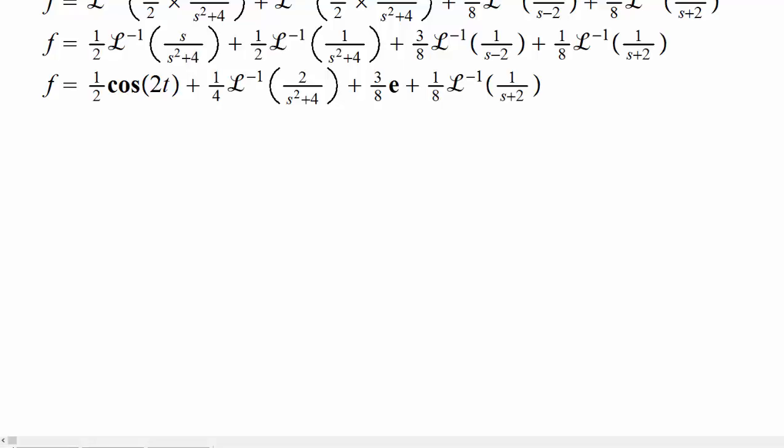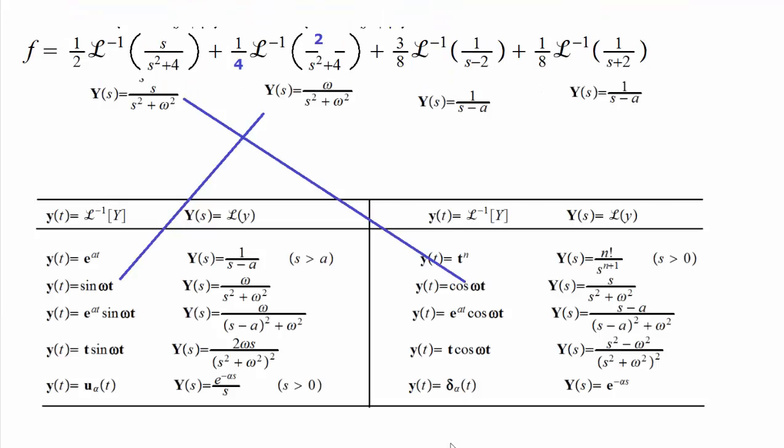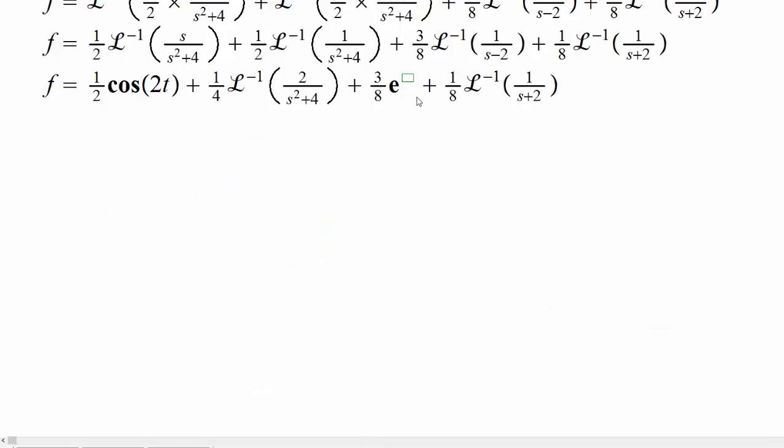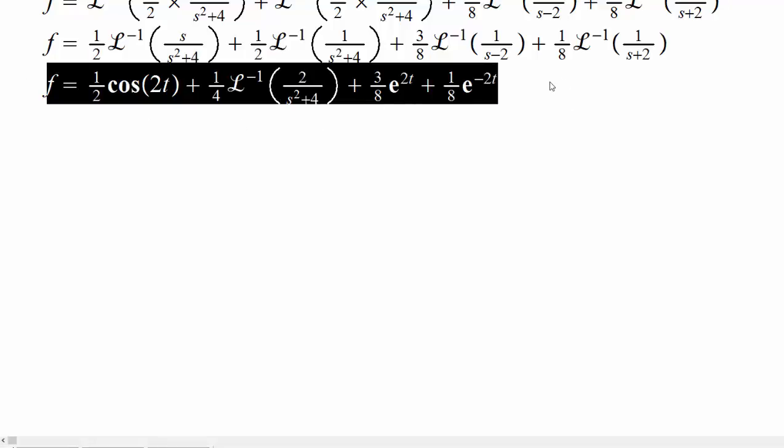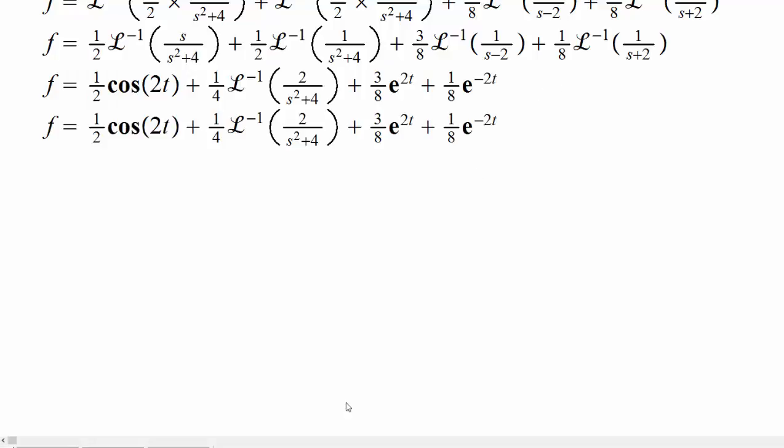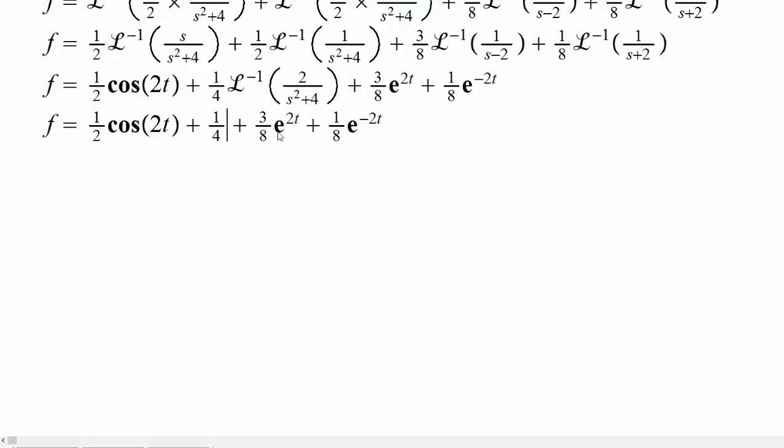This will become what? Remember, if it's s minus a, it's e to the at, so s minus 2, so that's e to the 2t, and here we will have e to the negative 2t, and let's just write one more step here, that this would be sine of how much? 2t, right?